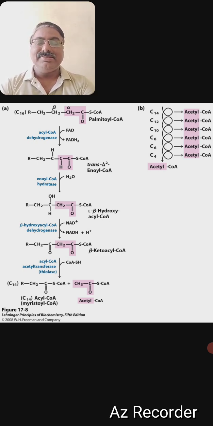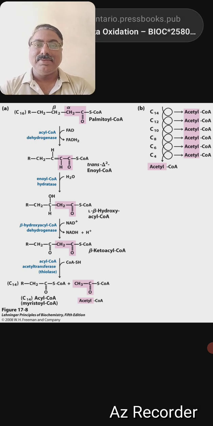The fatty acids need to be activated by attachment of coenzyme ASH to them, which leads to formation of fatty acyl CoA. This process requires energy from ATP hydrolysis. So here the fatty acyl CoA is palmitoyl-CoA, which contains 16 carbon atoms.